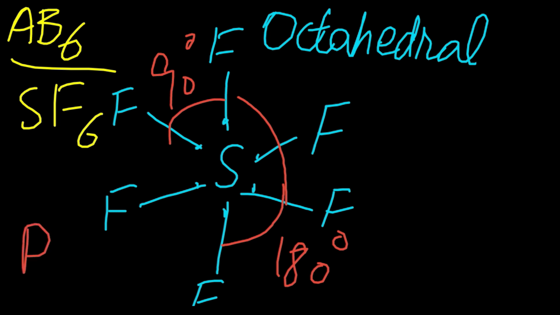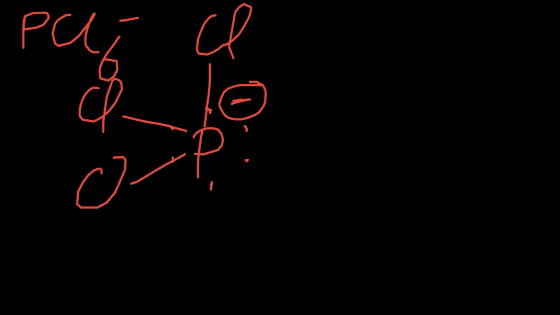Other examples include PCl6 negative. Phosphorus can make 5 bonds, but now it is making 6 bonds, which means it has added one extra electron in its outermost shell and has the negative charge. So this is how it is making 6 bonds.